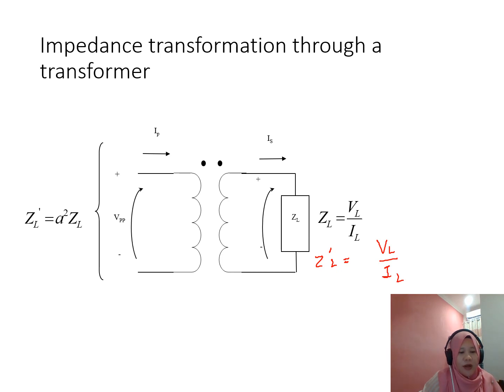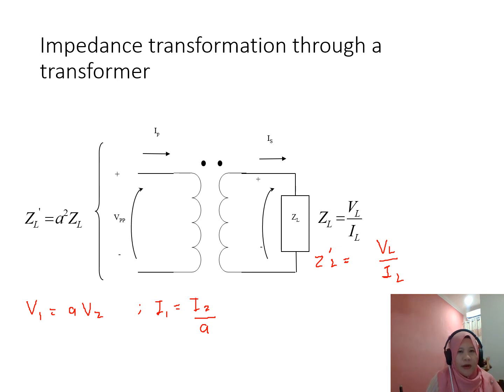We know that the primary voltage V1 is equal to A V2, and the primary current I1 is equal to I2 over the turn ratio.